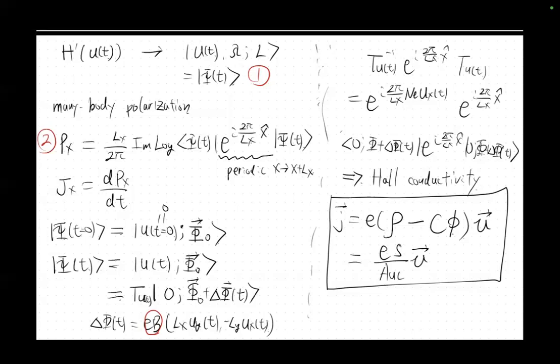Okay, I see. So let's say I pick this U vector, parameterized by t, to travel around one single unit cell, and this phi would pick up an additional contribution from the flux that's living inside this unit cell, right?